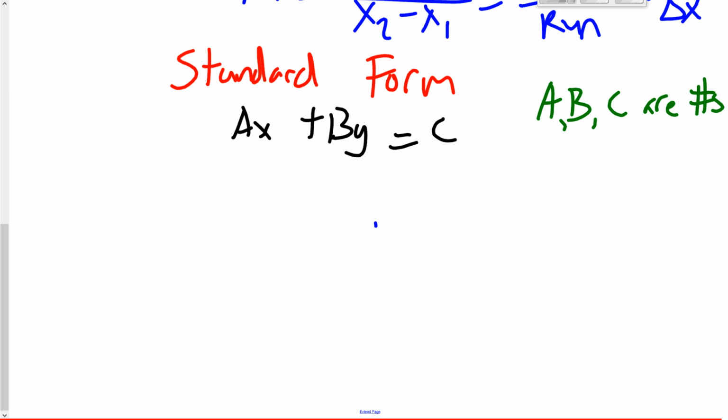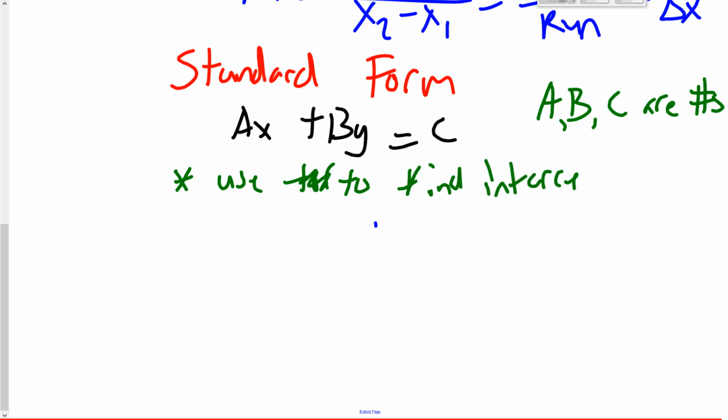And here what we usually use this for is to find intercepts. So like x-intercept and y-intercept, right? The x-intercept is some x value and 0 for your y, and your y-intercept is 0 and some y value.